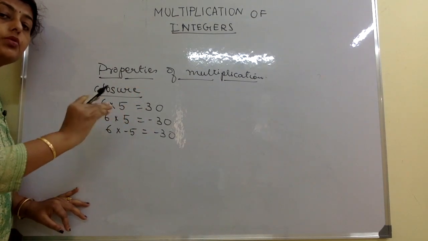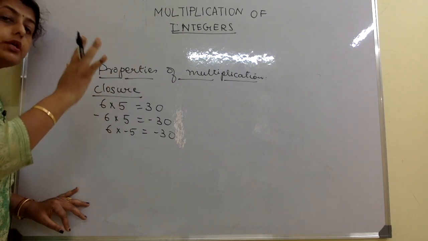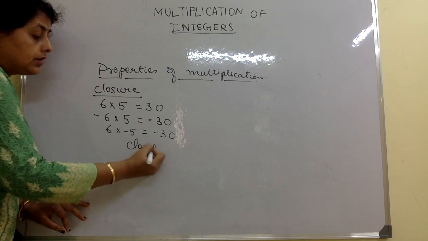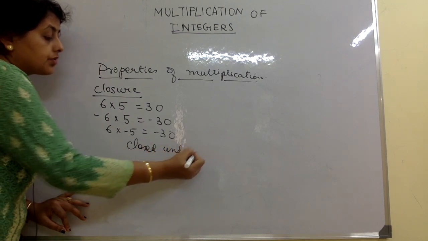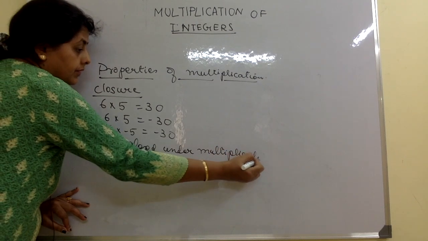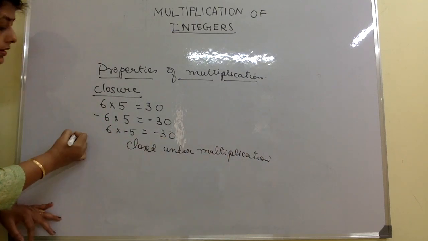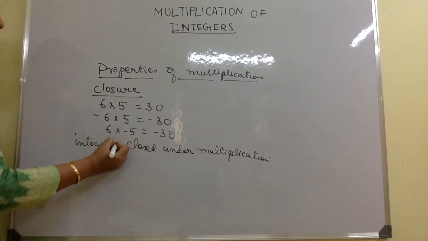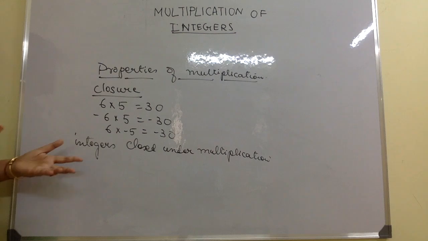Then we'll have to say closure property is followed, or the integers are closed under multiplication.